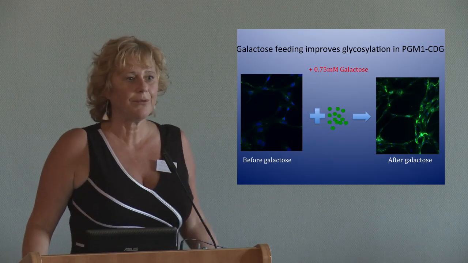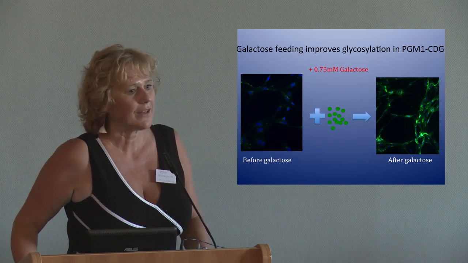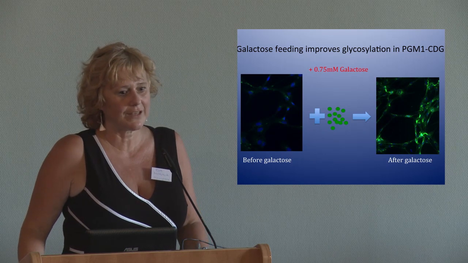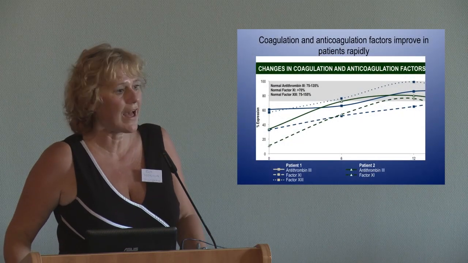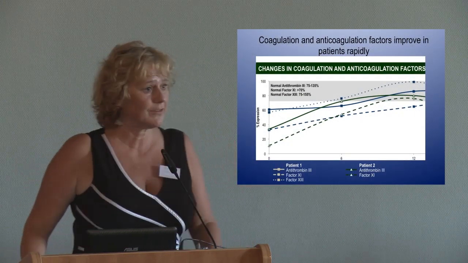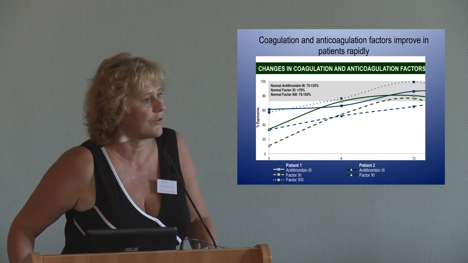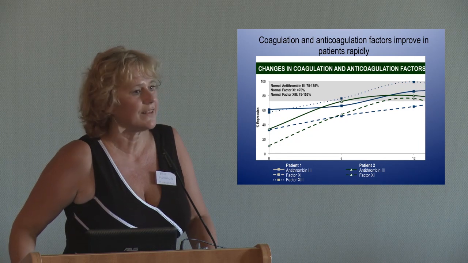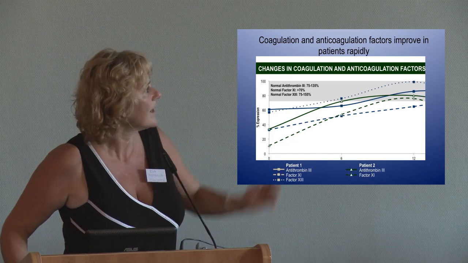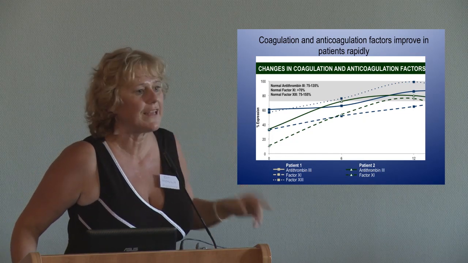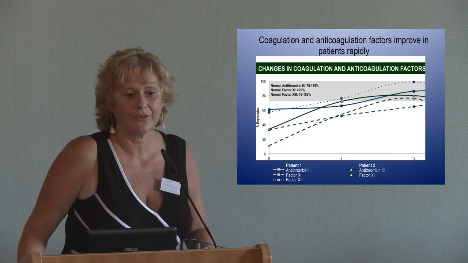I don't want to bore you because you're probably really tired after all these 2 days. But what's really exciting about treatment with galactose in these patients is that when you have abnormal coagulation results, these results restore in 6 to 12 weeks. If you see the different coagulation and anticoagulation factors throughout 12 weeks of feeding galactose to our patients, this totally restitutes the levels.